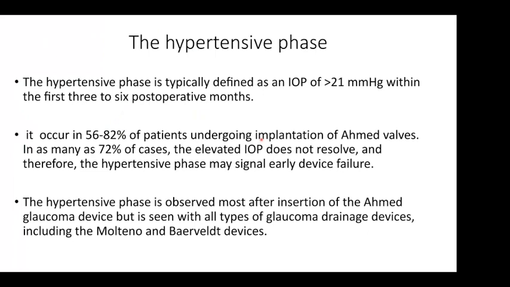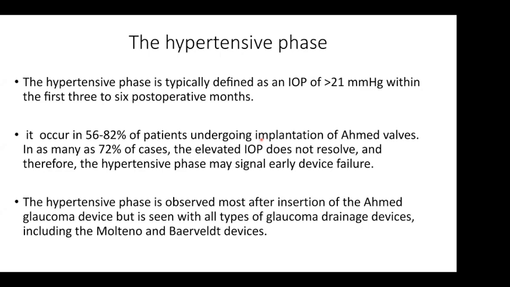Because of the peri-plate capsule that's forming, and at some times it doesn't allow the aqueous to go through, so we can get a kind of elevation of the pressure. By definition, a hypertensive phase is any pressure above 21 millimeters of mercury in the first 3 to 6 months. In some reports, 3 months or 6 months. In this period, if the pressure is above 21, which is the upper acceptable limit, we call this a hypertensive phase.